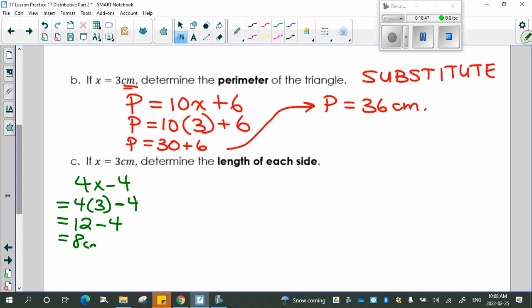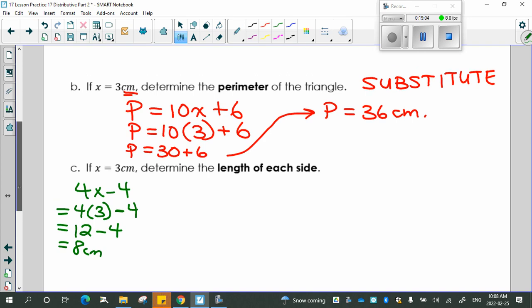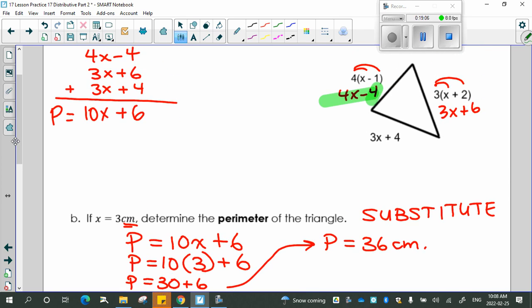So this side must be 8 centimeters. And then once I know it's 8 centimeters, I'm going to put it up on my picture because that's going to be my check at the end. Make sure all 3 sides add up to 36. So this one's 8 centimeters.